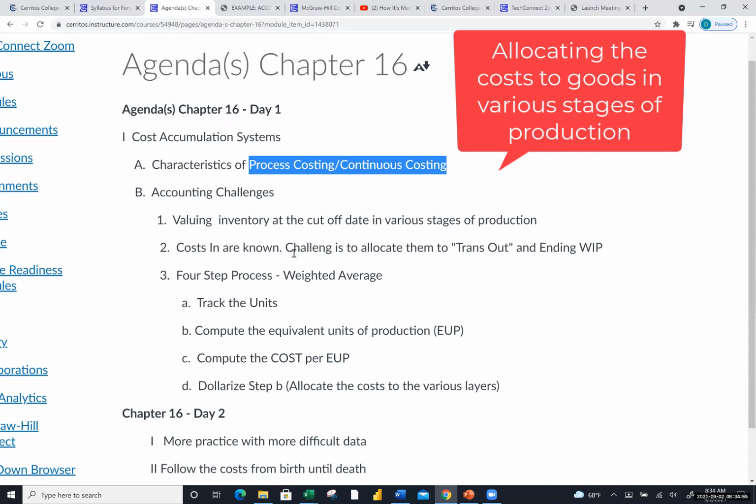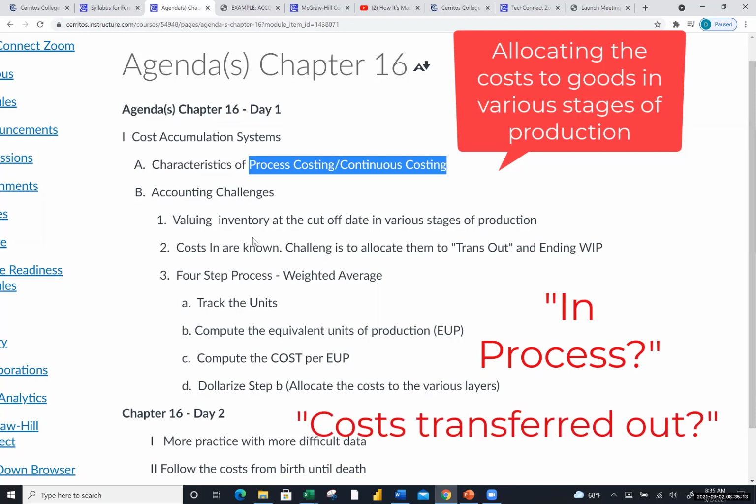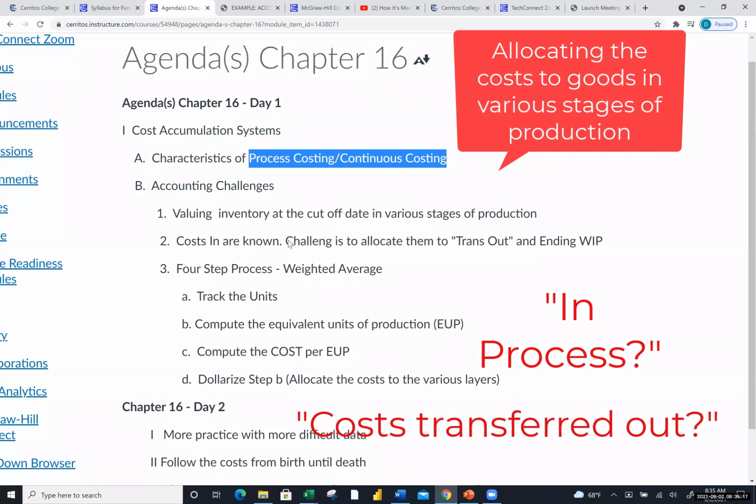They're going to keep cranking that gasoline and oil out all day. And our job as the accountants is to figure out what part of the costs are attributable to the stuff that's in process and what part of the costs are attributable to the gasoline that's already been produced. That's going to be our challenge. I'll show you that in a T account format shortly.